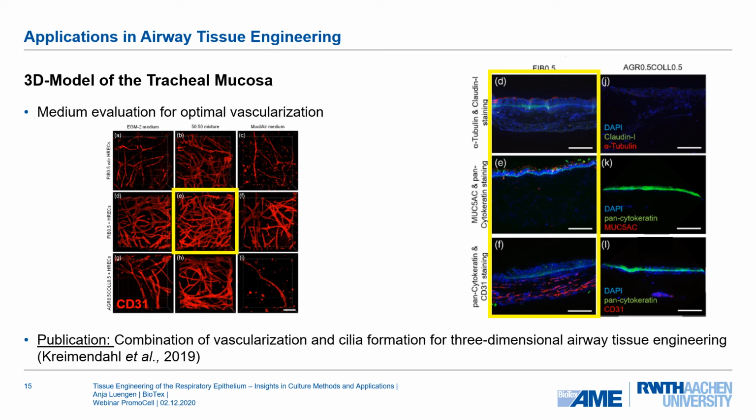Immunohistochemistry was positive for epithelial cell markers alpha-tubulin, mucin 5AC, and pan-cytokeratin. We conclude that in co-culture systems, supporting cell types can overcome medium limitations by providing necessary growth factors.